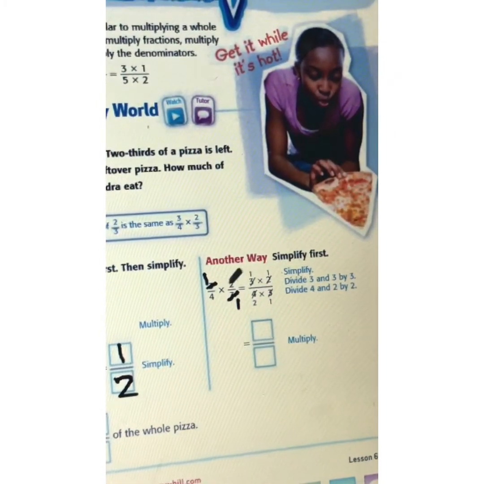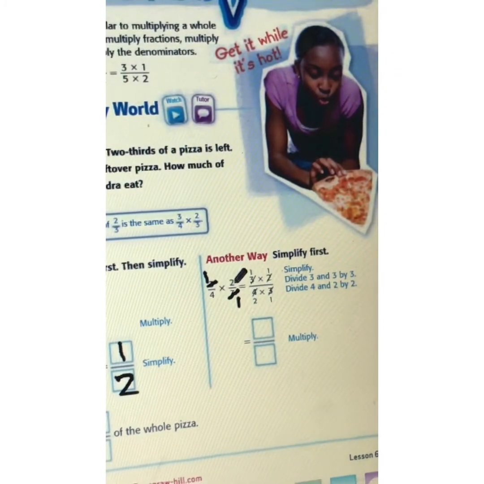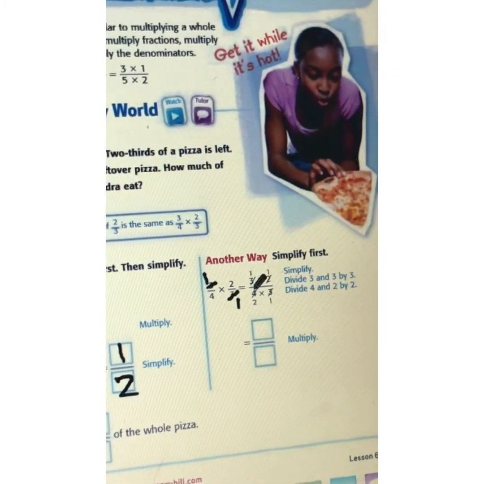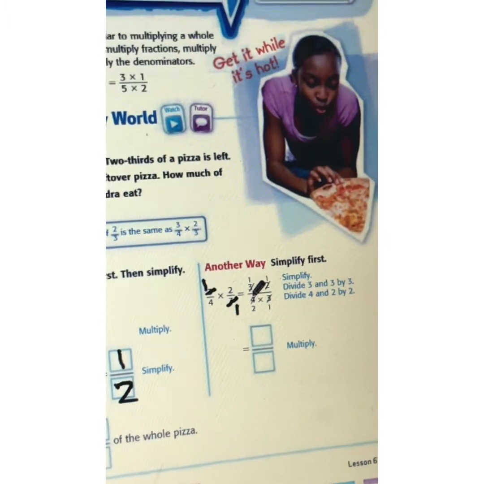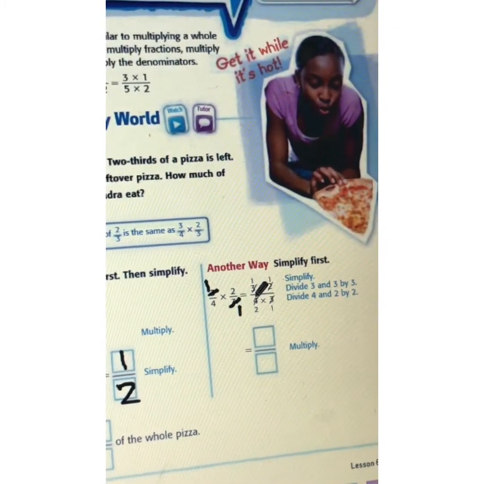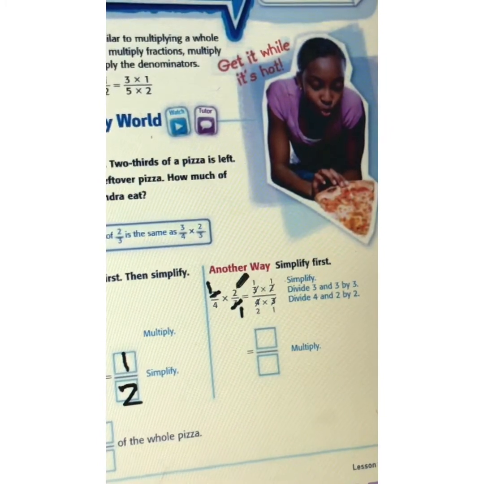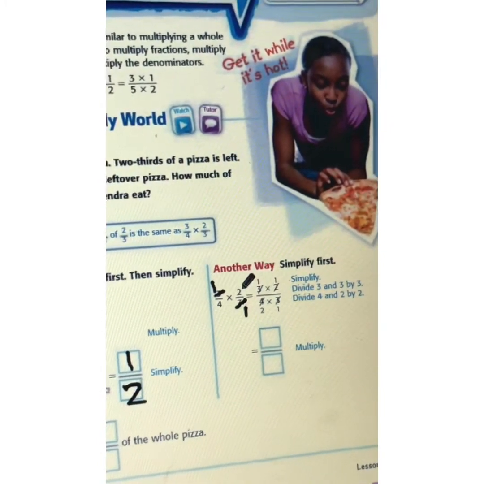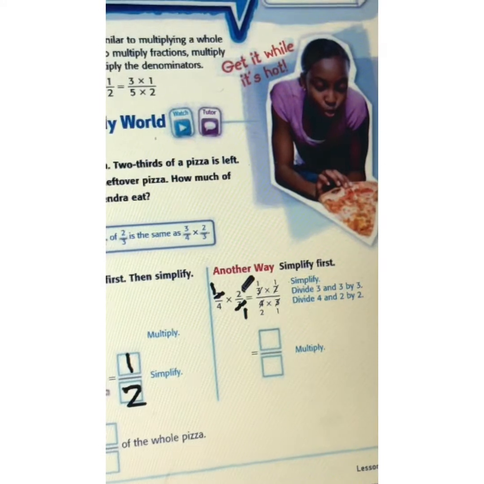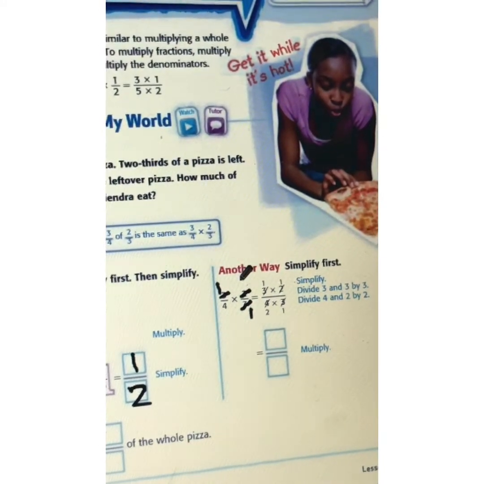Okay, so we still have 2 and 4. We will check. Do 2 and 4 have a common factor? Yes, they are both divisible by 2. So, we will divide both sides by 2. 2 divided by 2 is 1.